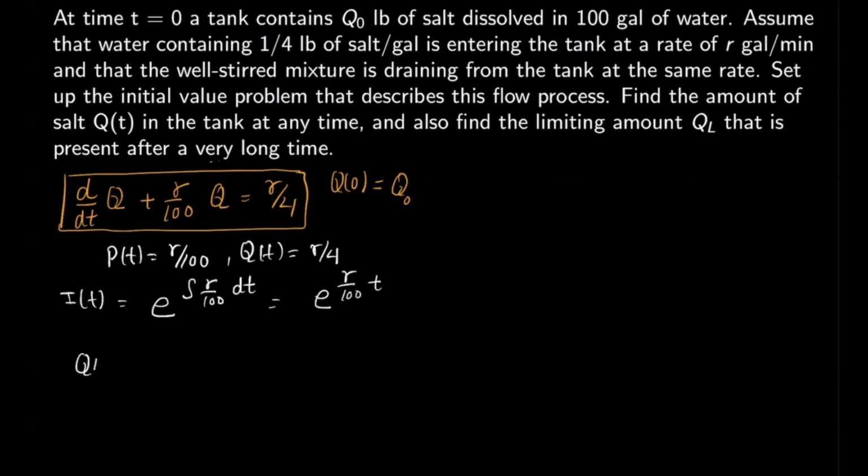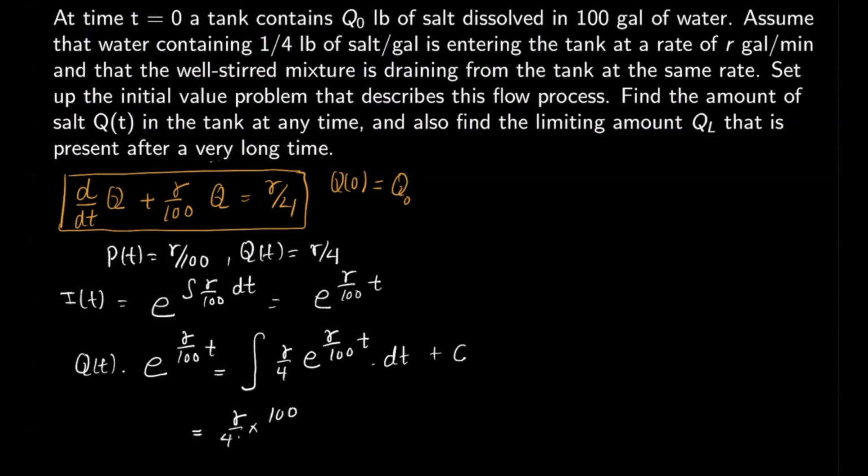The solution is going to be Q of t times the integrating factor, e to the power r divided by 100 t, equal to the integral of r divided by 4 times the integrating factor e to the power r divided by 100 t dt, plus c. Calculating the integral of e to the power r divided by 100 t, I get r divided by 4 times 100 divided by r times e to the power r divided by 100 t plus constant c.